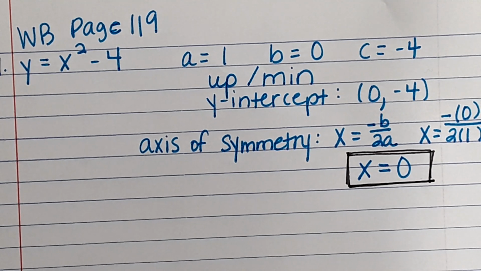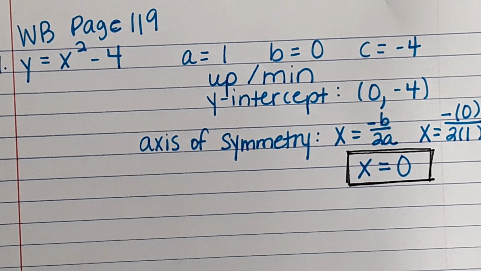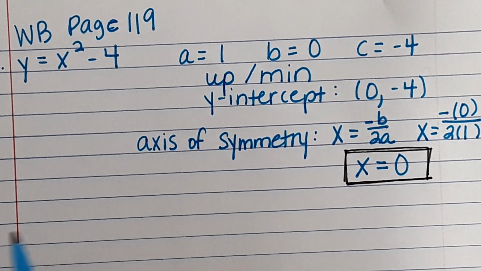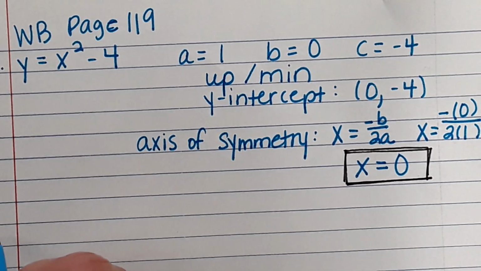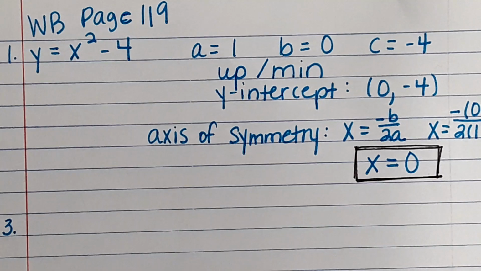I'm going to skip number 2 because that's like number 1, and I'm going to do number 3 with you, okay? I'm giving you a hint how to do this. You've done A, B, and C, up, down, max, min, y-intercept. Now we're going to add the axis of symmetry. You have to do number 2, but I'm going to do number 3 with you.